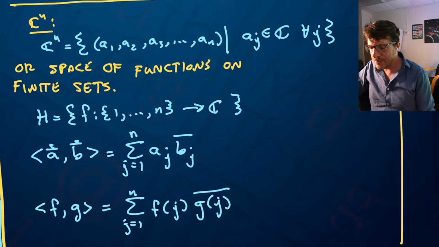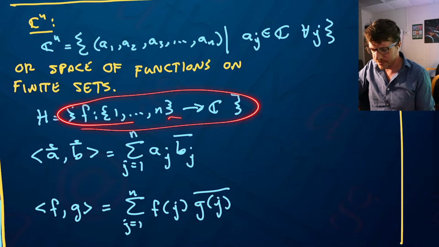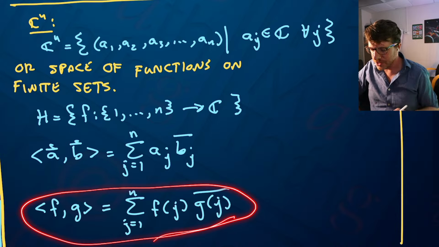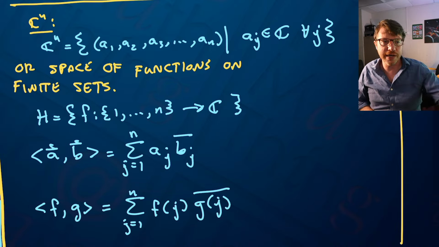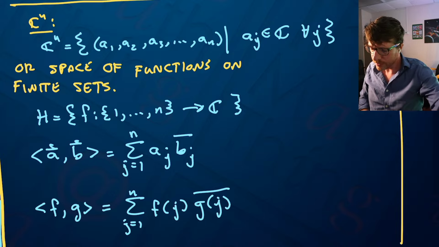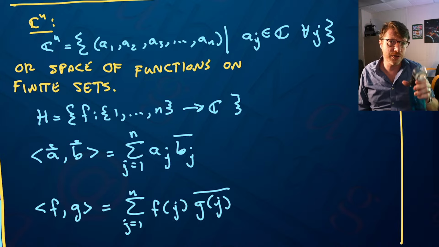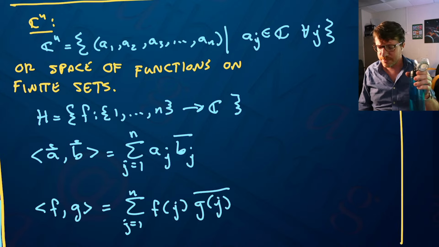But what's really neat is that you can also think of this as a function space, a set of functions on a finite set of points. In this case the inner product just becomes this, and so those two are actually equivalent spaces. And then this function space over finite sets is also a reproducing kernel Hilbert space. We'll talk about what that means in a second.